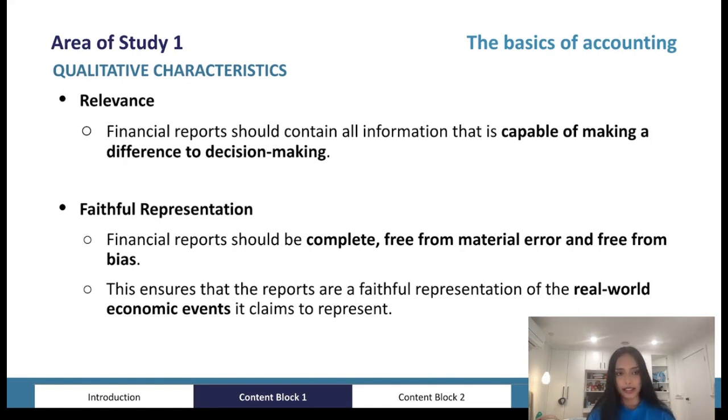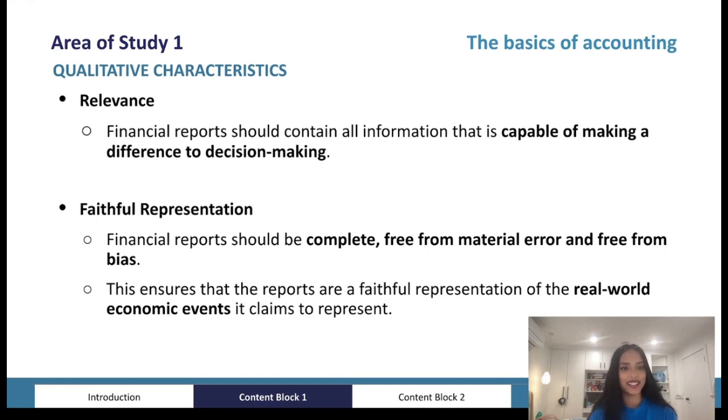Just memorizing the terms and memorizing the definitions is such an easy way to get marks. And you also save a lot of time by having it memorized. You don't have to be in the exam thinking about, oh, what was that characteristic, or what was that definition. So it's super, super important that you start from now memorizing these terms and definitions.